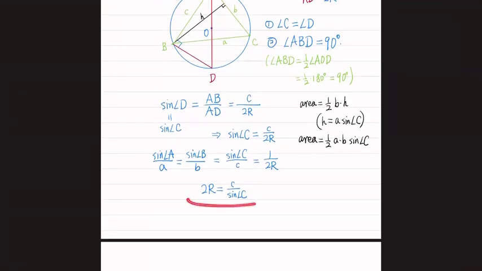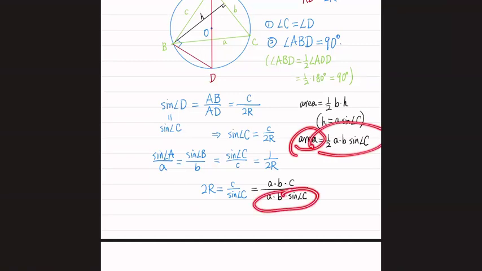Okay. We go back to this formula. We have sine C. To have the area, I'm going to multiply AB and I get C times A times B. I put AB at the front, A, B, sine angle C. Okay. Area is half of this, so this will be twice the area.